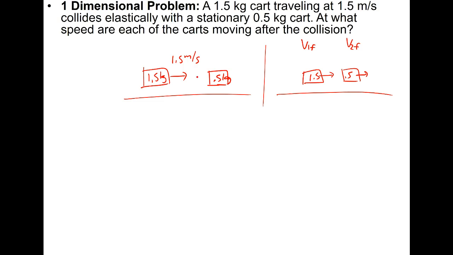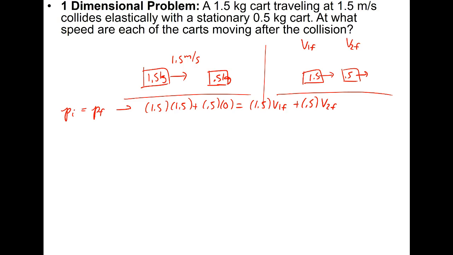Now, if the 0.5 was originally moving to the left with a lot of momentum, that would be a different story. Okay, so we're going to set up two equations. First of all, momentum initial equals momentum final. So this means that 1.5 times 1.5 plus 0.5 times 0 is equal to 1.5 V1 final plus 0.5 V2 final.